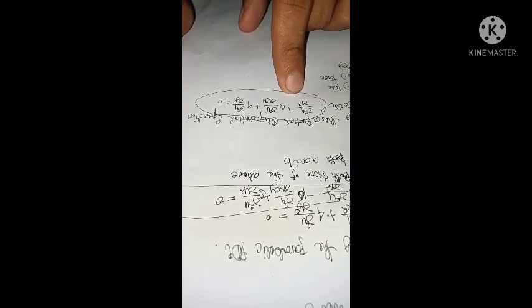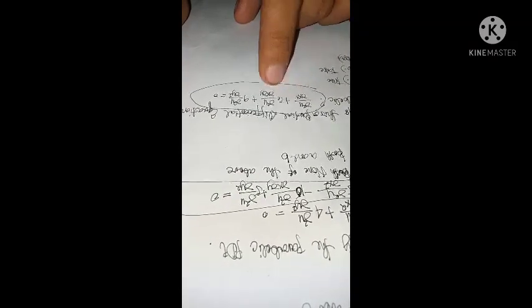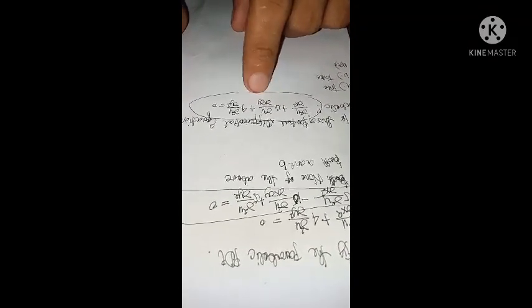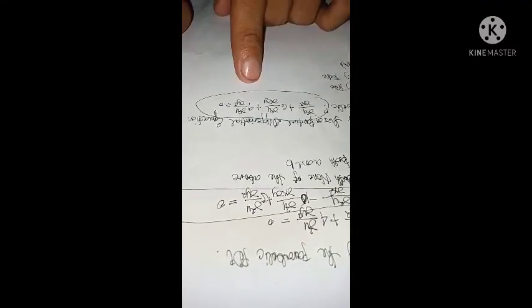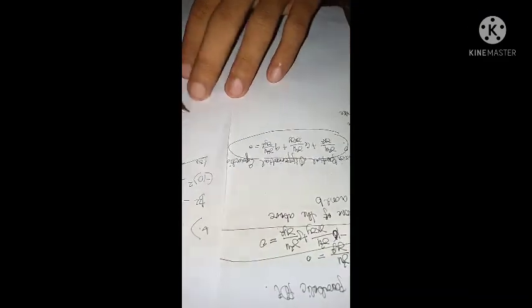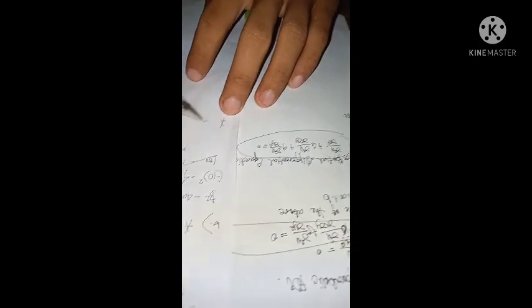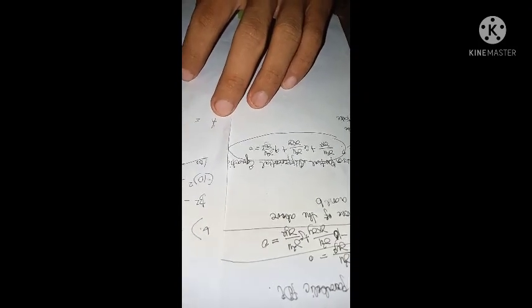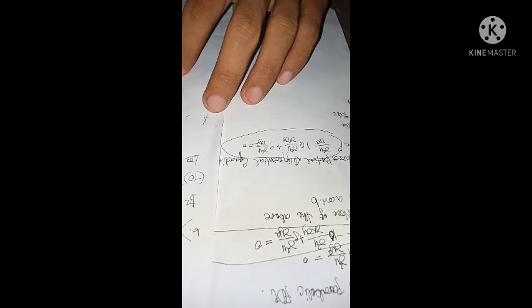Given this equation, the problem here is we want to identify if it is parabolic or not. So A is true, B is false. Now let's find the values of A, B, and C.